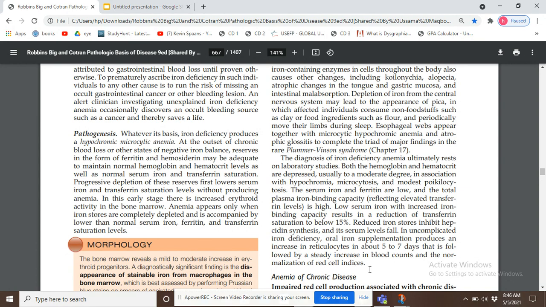We can also recommend iron supplements to all patients, and recommend increasing the diet that contains iron. And lastly, in very rare cases, we can recommend a blood transfusion.